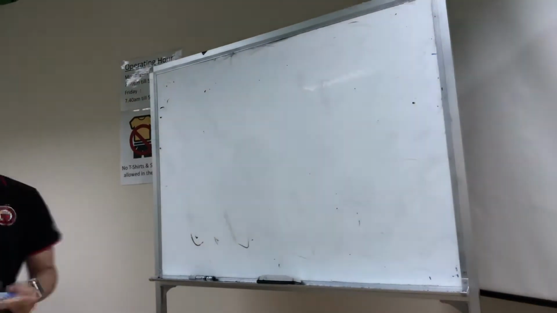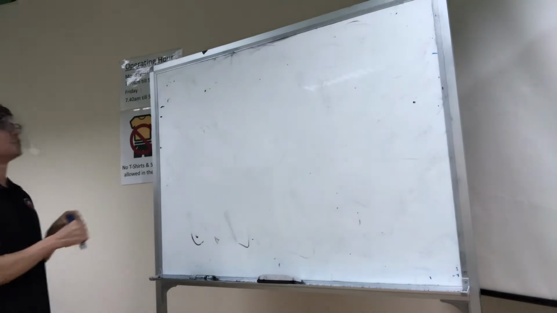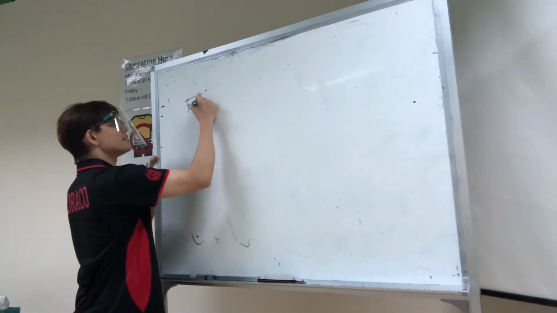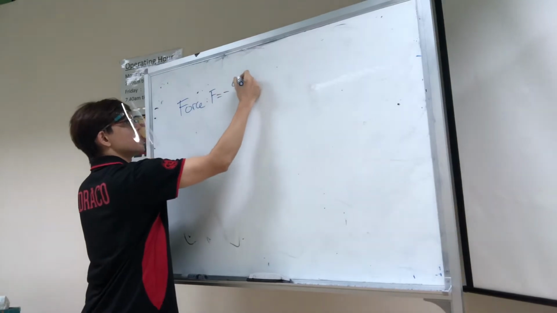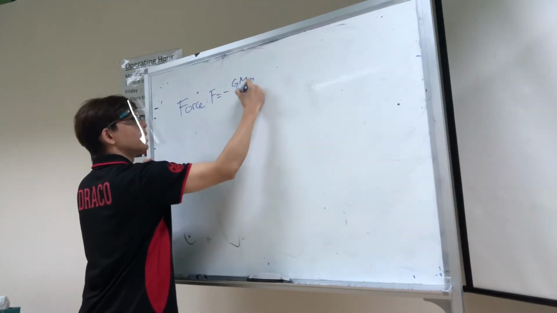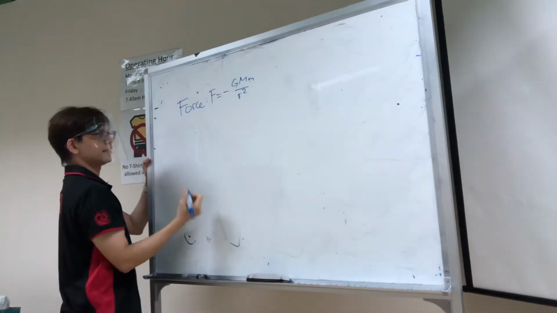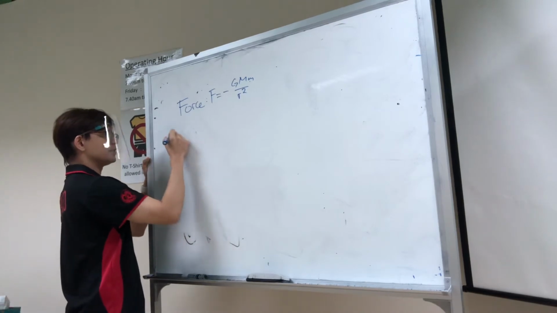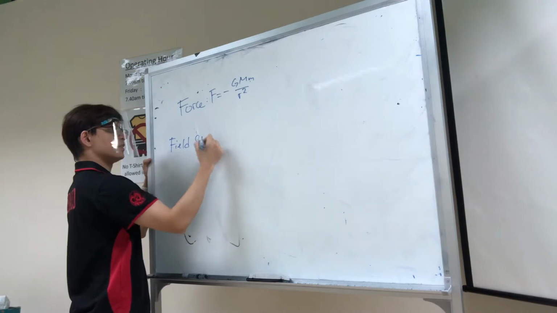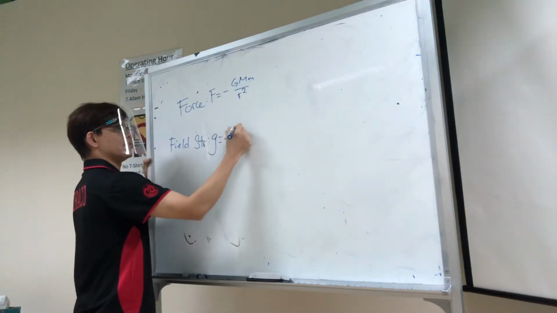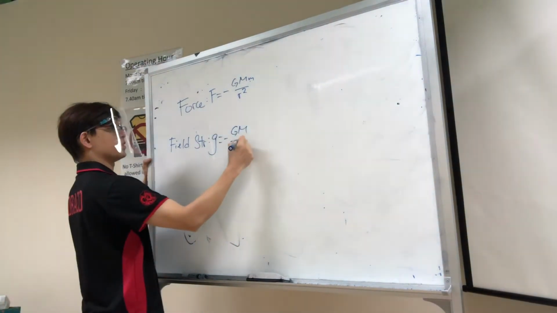Okay, so quick recap on gravitation. We have gravitational force, F equals minus GMm over r squared. Then we have field strength, g equals minus GM over r squared.